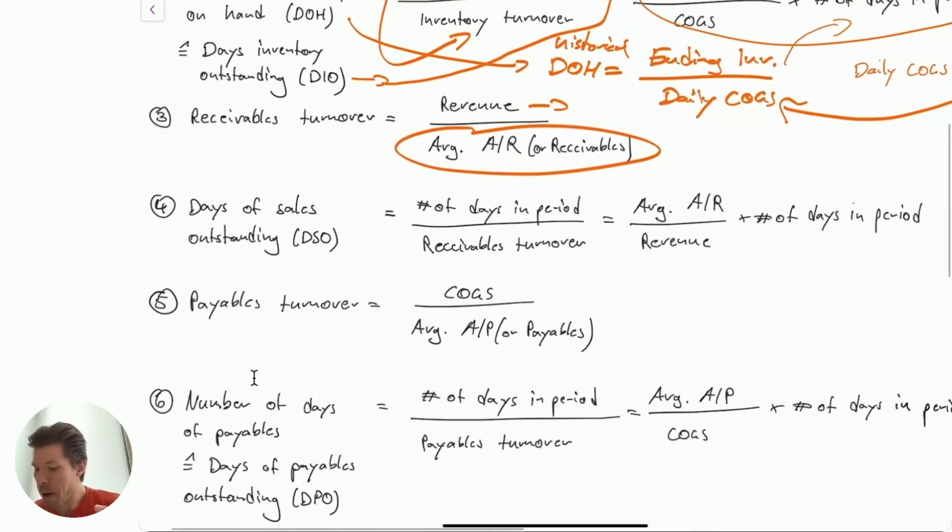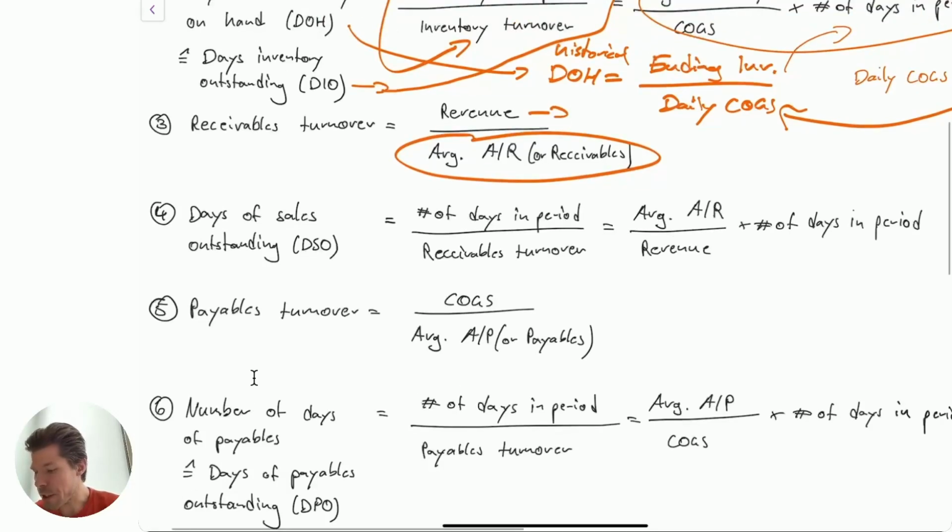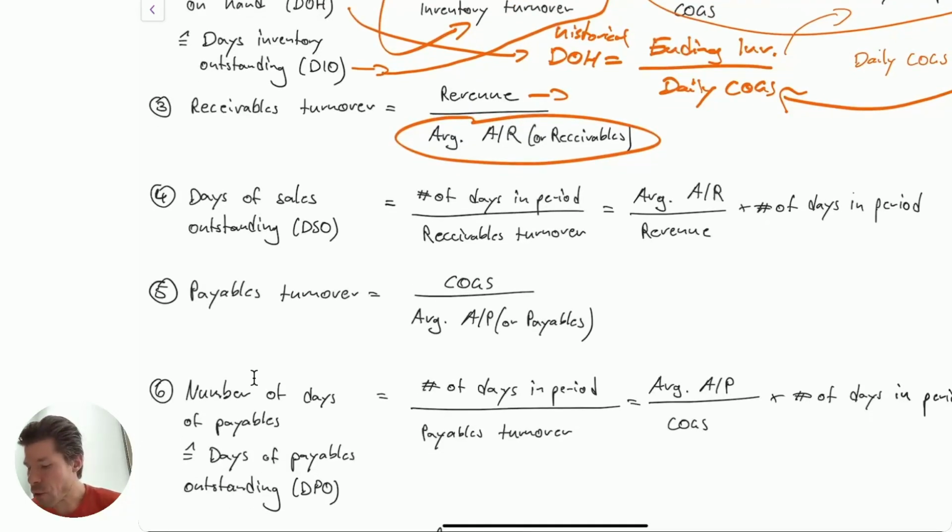And then the last pair, they also go together, which is payables turnover and number of days of payables. I prefer days of payables outstanding, DPO, because then we have DIO, DSO, and DPO. It's a bit easier to remember. It's exactly the same.